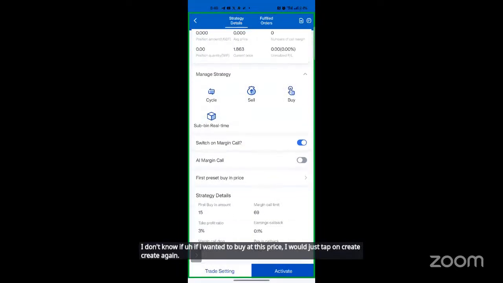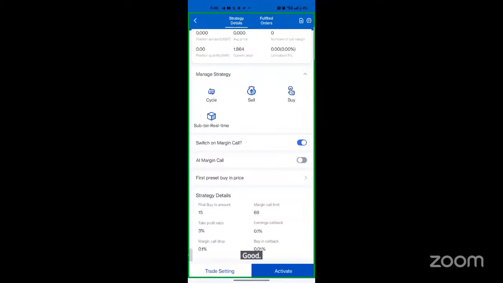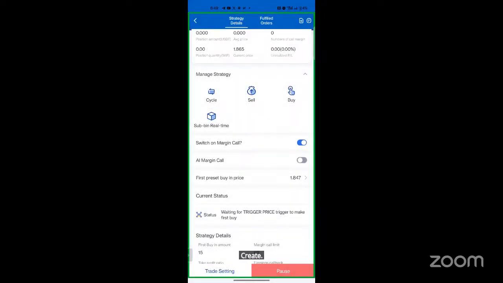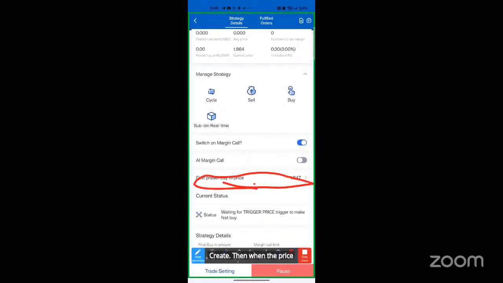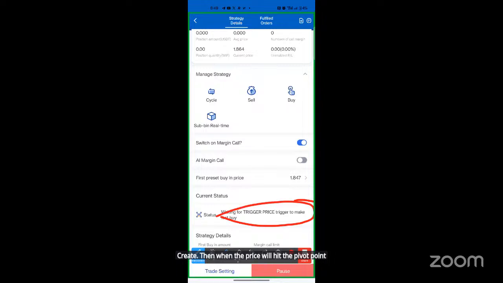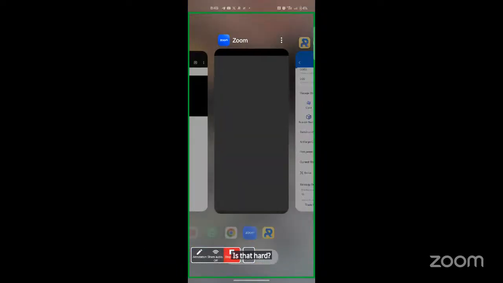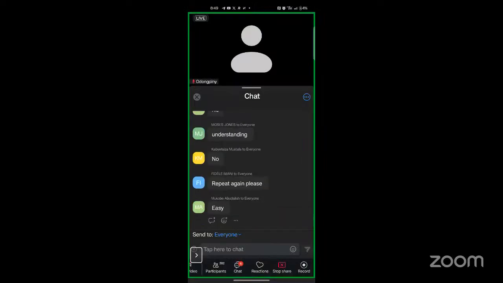Then I enter preset price 1.847. Sure. Create. Then when the price hits the pivot point, my robot will buy. Is that hard?